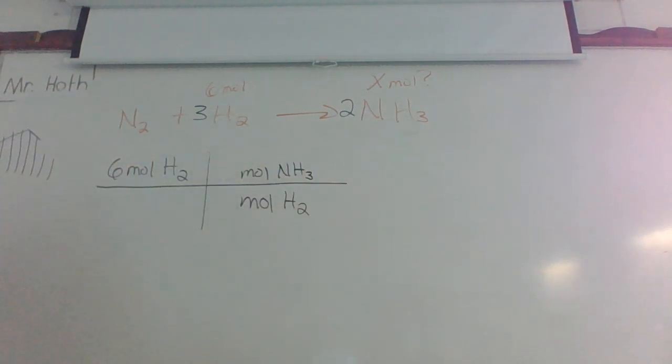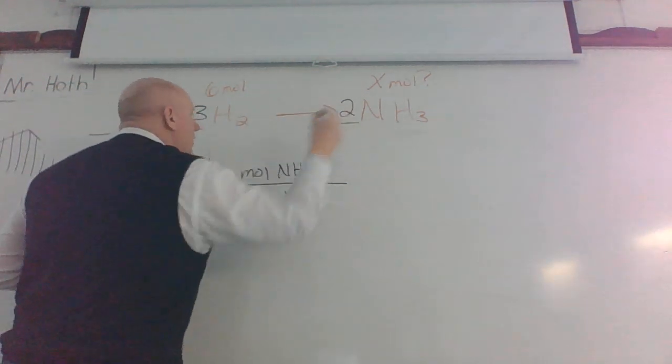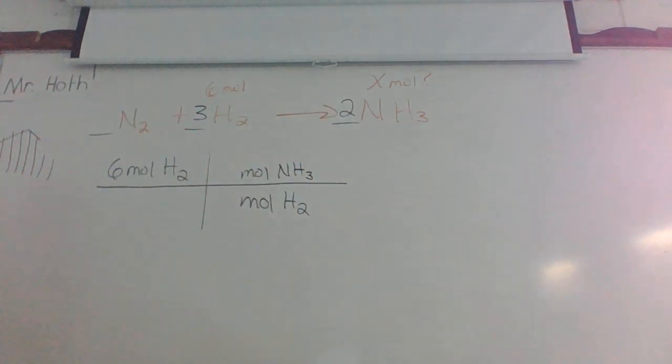Now, the last step is when you see a mole over a mole, that means you have to go back to your balanced chemical reaction and pick out the coefficients. Okay? And again, what's the coefficient for nitrogen? 1. What's the coefficient for hydrogen? 3, and then 2.